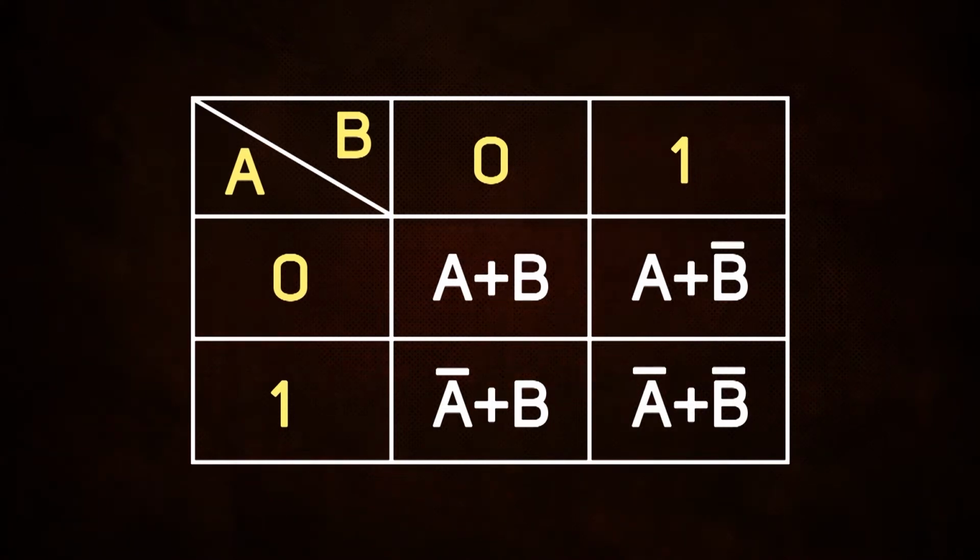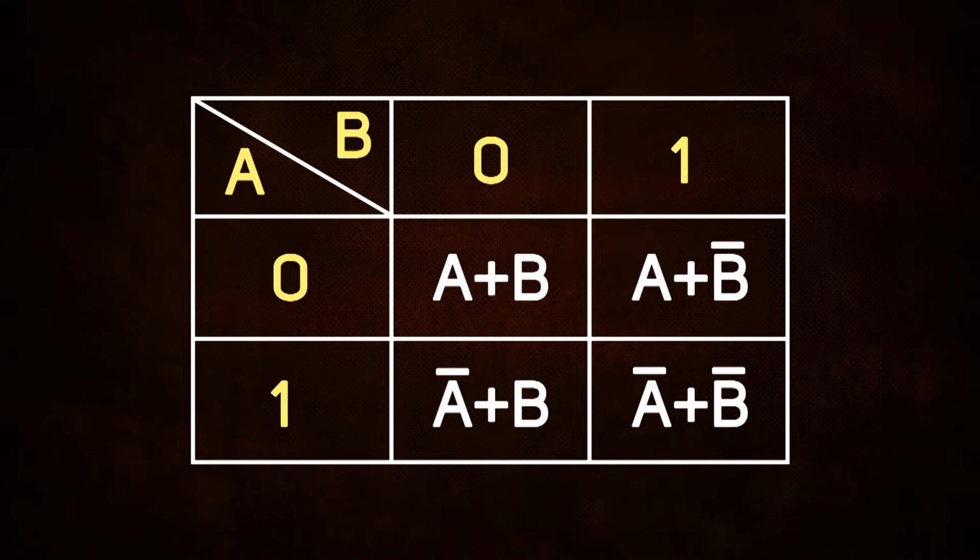Just recall, 0 in a max term is symbolized with an uncomplemented variable and 1 using a complemented variable. One more important point to be noted is that only a single bit position difference is allowed in adjacent cells. For a 2 variable map, it does not matter.